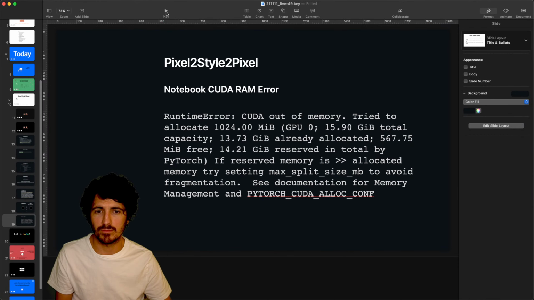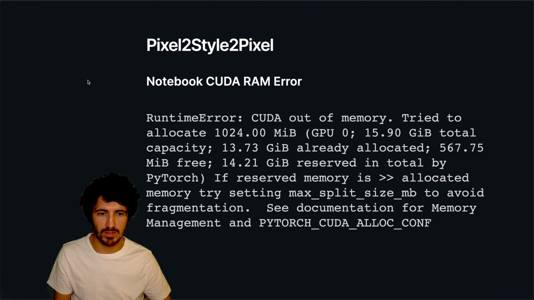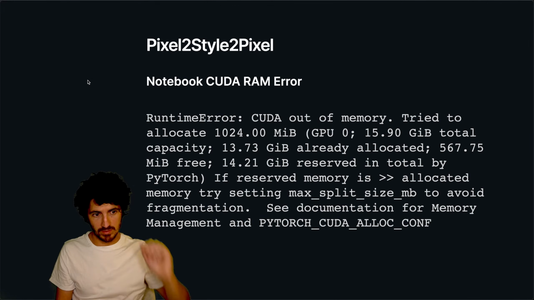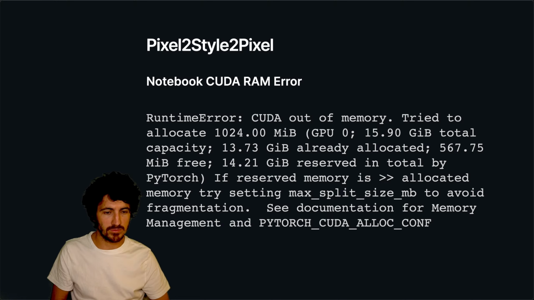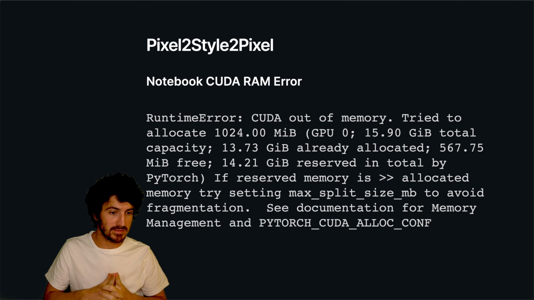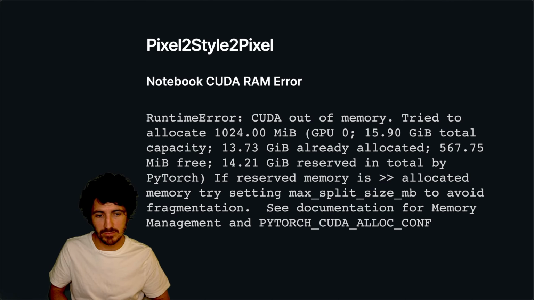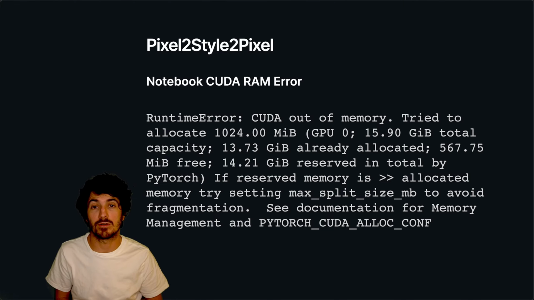Runtime error. CUDA out of memory. Tried to allocate 1 gig. Blah blah blah. If reserved memory is much larger than allocated memory, try setting max_split_size_mb to avoid fragmentation. See documentation for memory management and PYTORCH_CUDA_ALLOC_CONF.